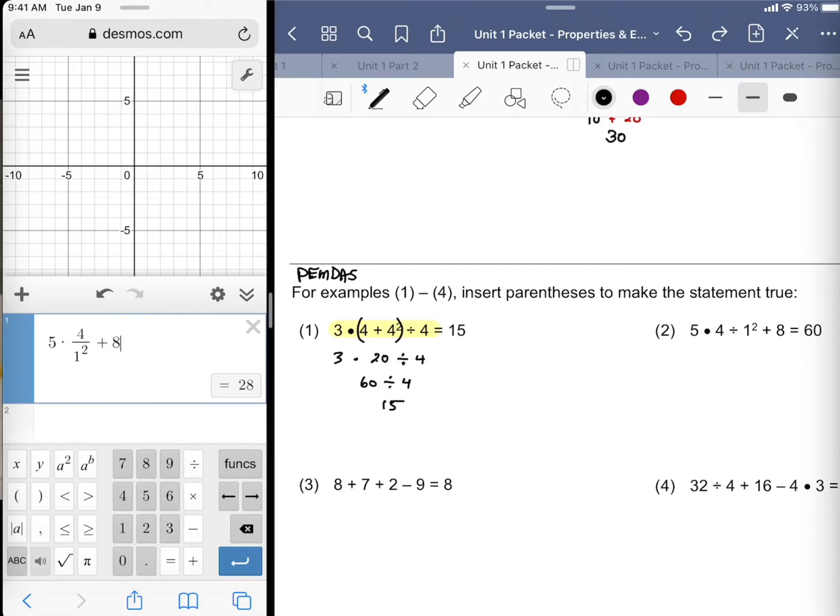So still working our way backwards through PEMDAS, we don't have any subtraction. Division would be among the last things that happen in the order. So we grouped these two. Maybe we want to group these two to make that happen among the first things.